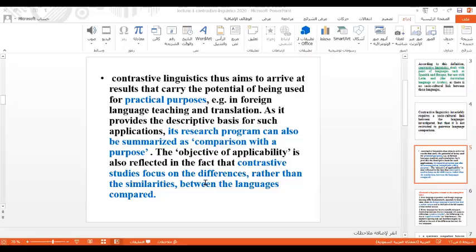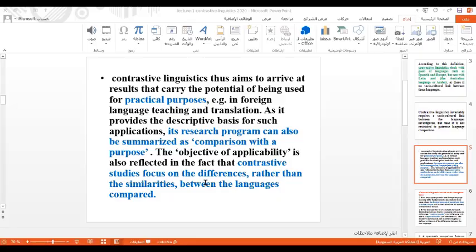So once you speak about translation, we come out with contrastive linguistics, because it gives you a descriptive basis for such applications, for translation or teaching. So the research program of contrastive linguistics can be summed up as a comparison with purpose.